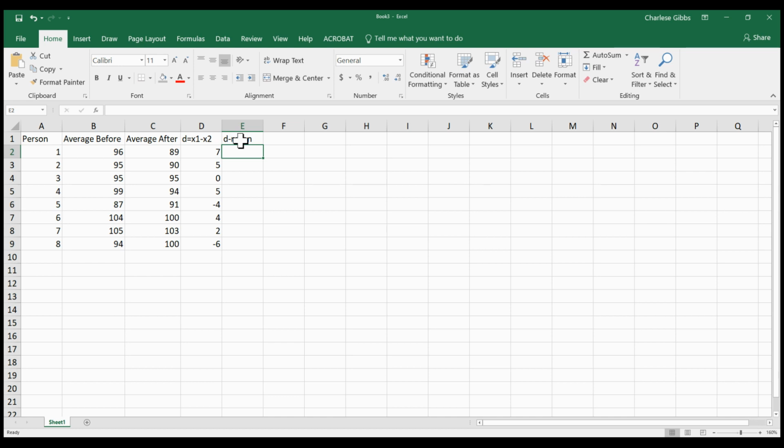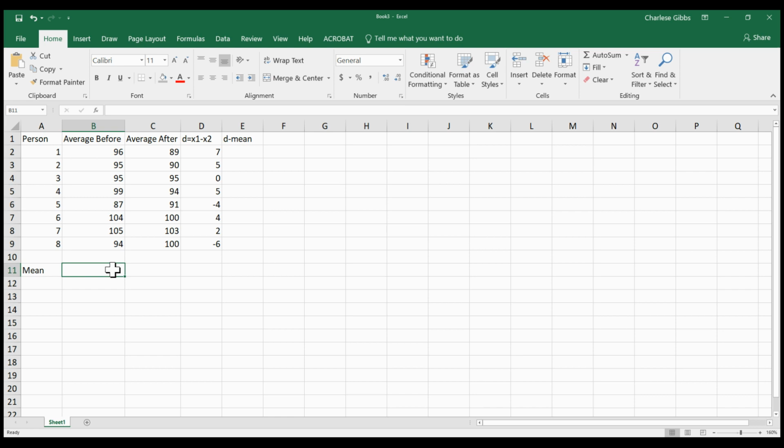So we have to find the mean here in Excel. I'm going to go ahead and find the mean. So I like to label these so I know what I'm looking at. This is the mean. The mean is the sum of our differences divided by n.